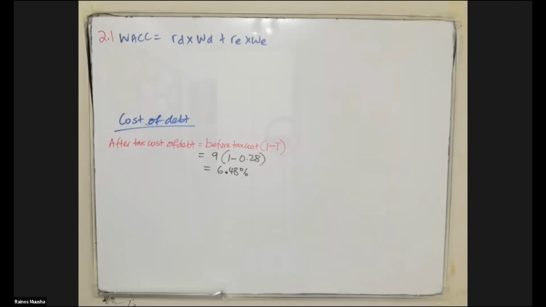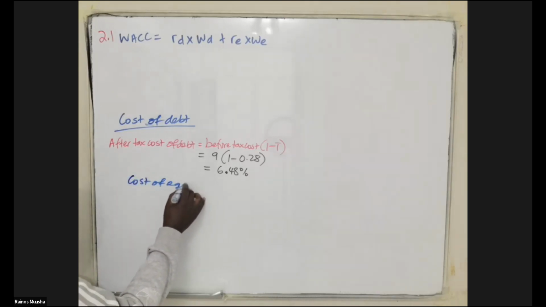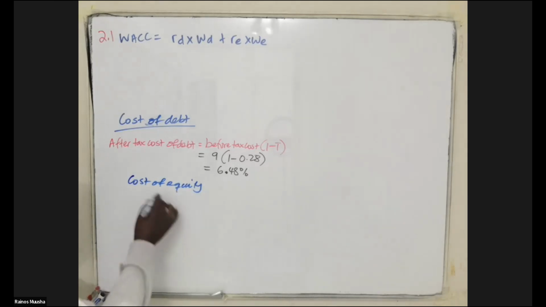We also look at the cost of equity. For the cost of equity, we're given the price, and then they mention the growth rate, and they are only mentioning one growth rate.